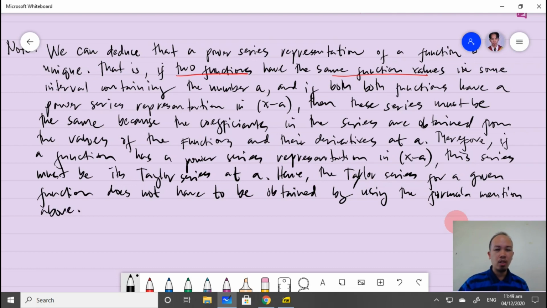What does this mean? Meaning there are functions that have different structures of the Taylor series, but they are the same power series. So that's what we mean by this note.